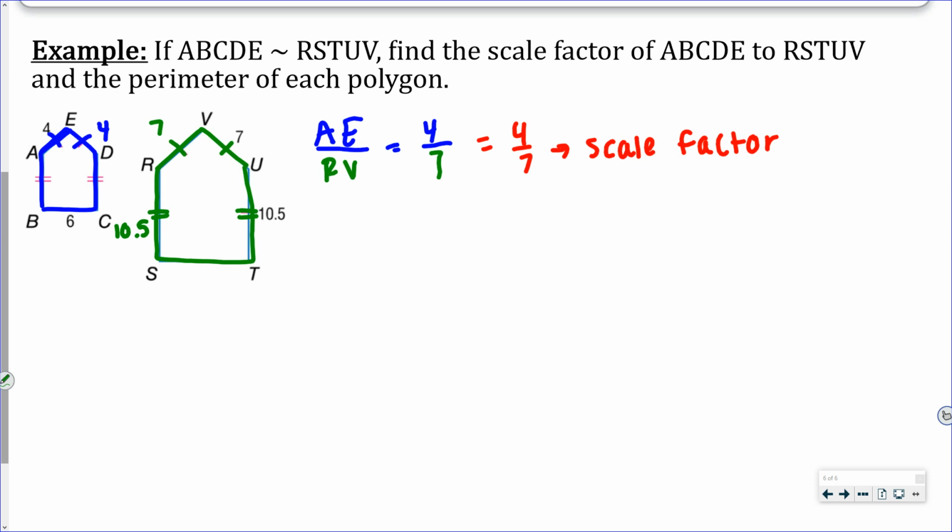Let's find this side. I'm just going to call it X for now, on ST, because we know it's proportional to this scale factor. I'm looking up at my ratio, and I use my blue triangle on top, so I'm going to be consistent with that. BC, which corresponds to ST. BC is 6. ST, I'm calling X. I know that is proportional to all the other ratios of all the other corresponding sides and also the scale factor, 4 sevenths.